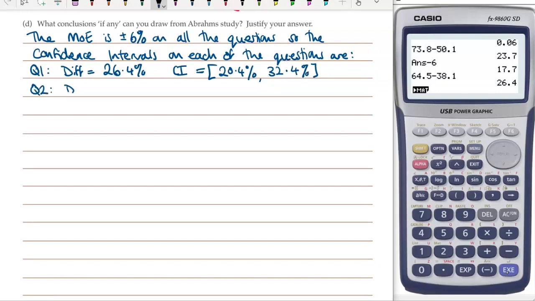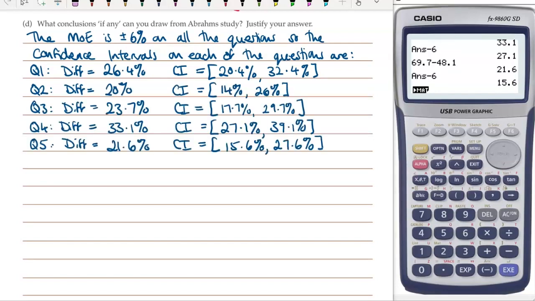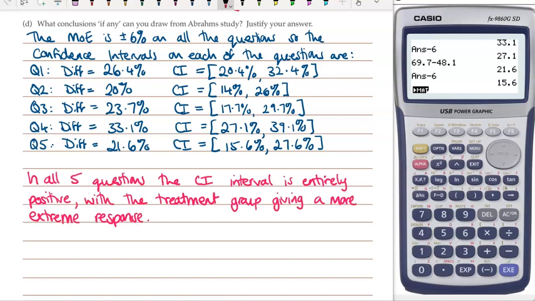Question 2, difference. I'm going to just pause and fill in the rest of these. So there we have them for all 5 questions, and you can see in every single one the lower limit of that confidence interval is positive. The entire confidence interval is positive, so we can draw a claim that there is a difference between the control and treatment group on every one of those 5 questions.